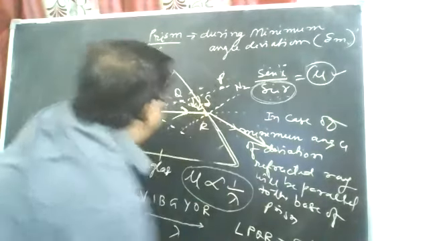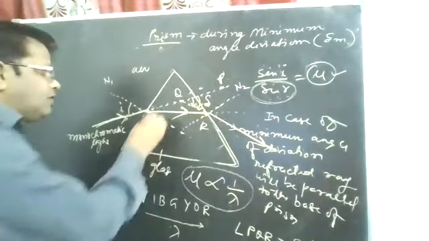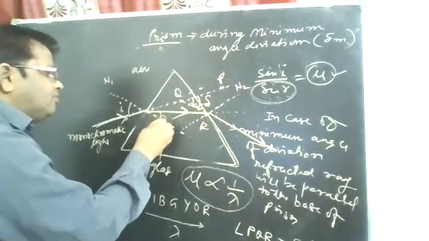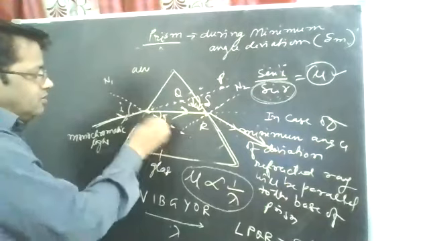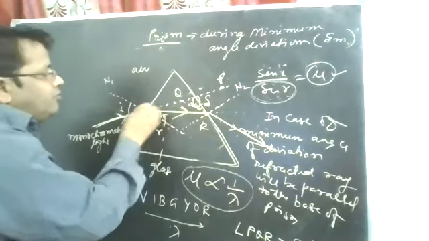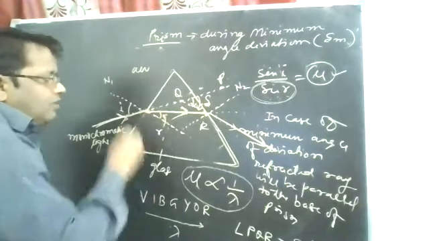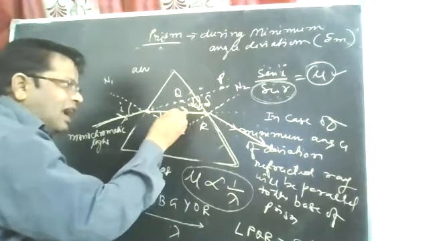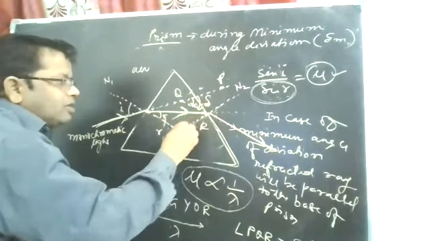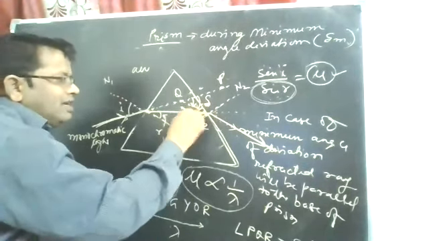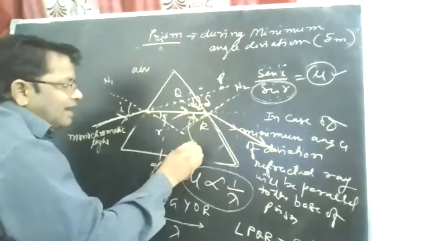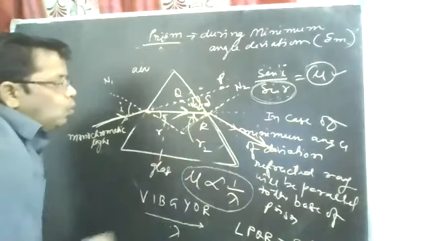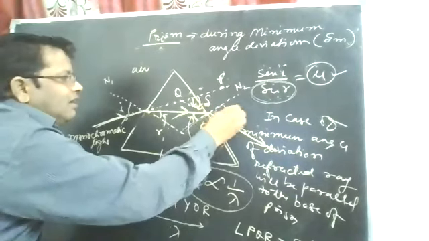Now you see here, let this be r1, the first refraction. The angle made by the refracted ray with the normal is called r1, and this is the angle of incidence over the second surface. We refer to this angle as r2 and this angle as e.